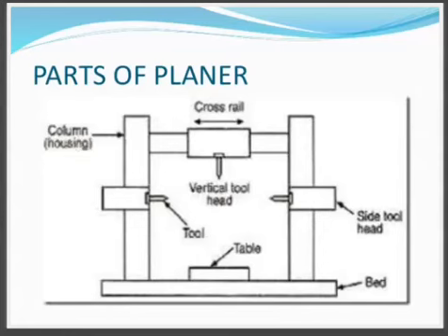The slots are made on the table to mount the workpiece, and the cross rail connects the two columns or housings. On the columns, on both sides, the side tool heads are there to mount the tool. And on the cross rail, one vertical tool head is there. Means there are three tool heads in the planer.